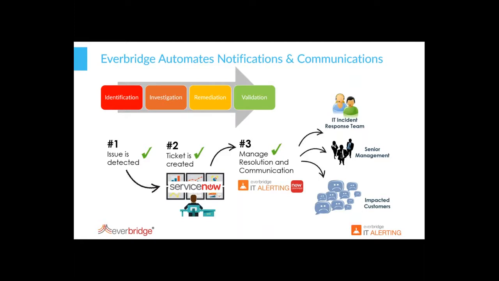It is going to be able to automatically notify and engage your IT response team to start investigating and remediating the issue, send notification to senior management, line of business, and application owners so that they're aware of the business impact, and at the same time identify and send notification to your impacted customers so that in turn they're not going to call into your service desk. This is going to reduce the number of inbound calls into your technical support.